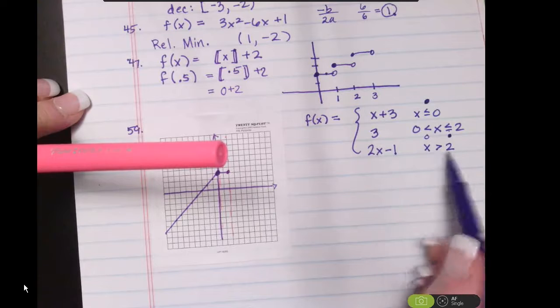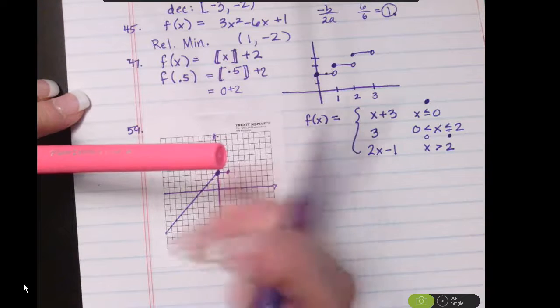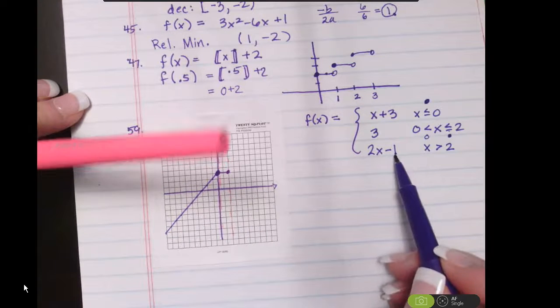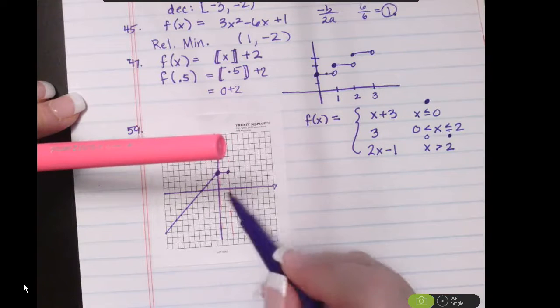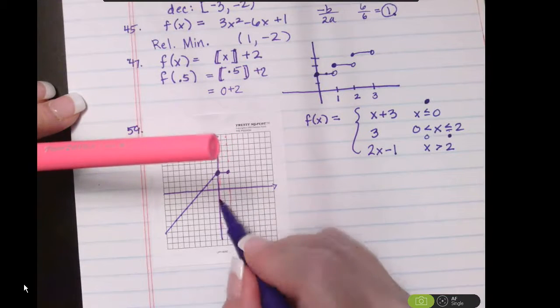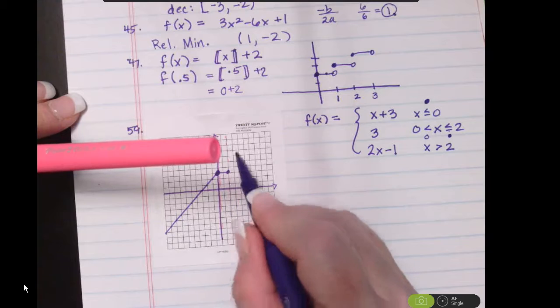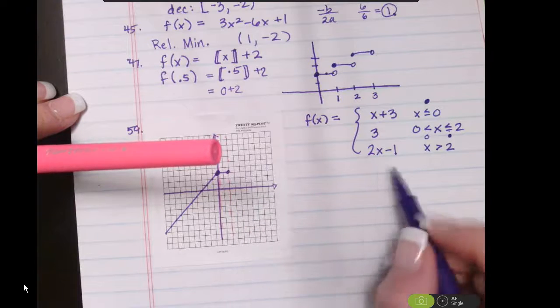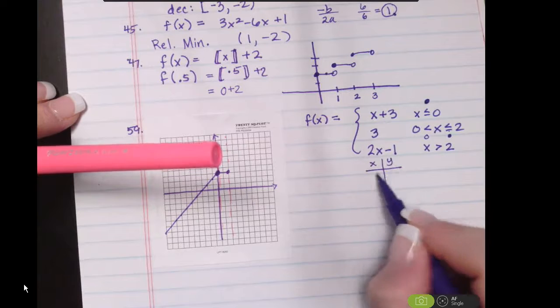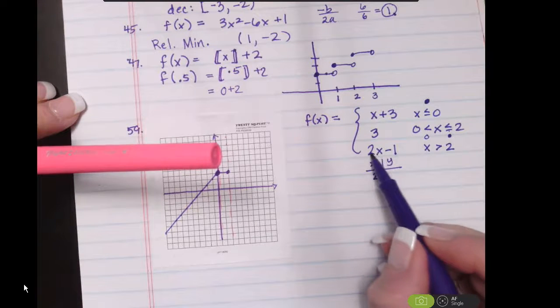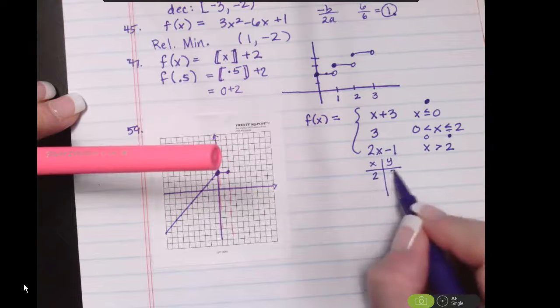My last one, x is greater than 2, so everything to the right of 2, I'm going to have the graph 2x minus 1. So I could go to negative 1 and sketch my graph up until I get to that domain, or I could just make a little table of values and ask, what will that function be when x is 2? 2 times 2 minus 1, that's 3.